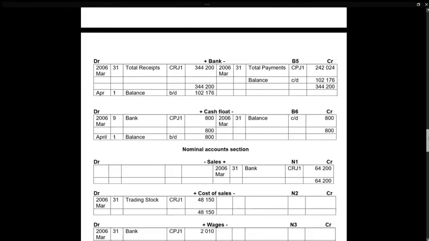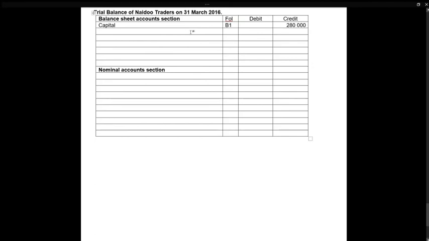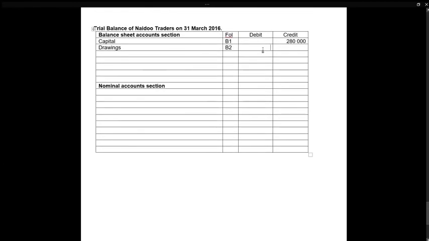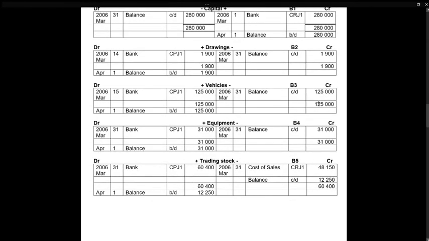Okay. Drawings was B2, debit balance of 1,900 Rand. Right, B3. Vehicles had a debit balance of 125,000 Rand. Let's go and fill that in quickly.